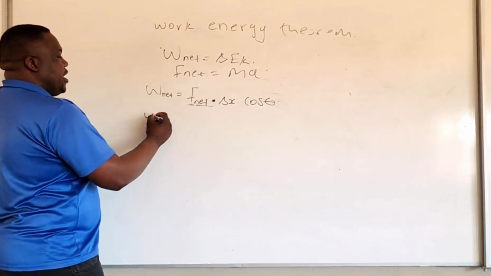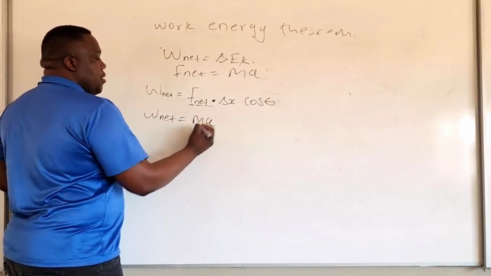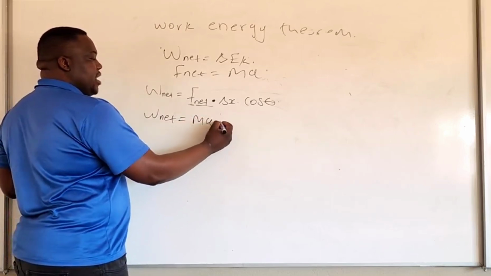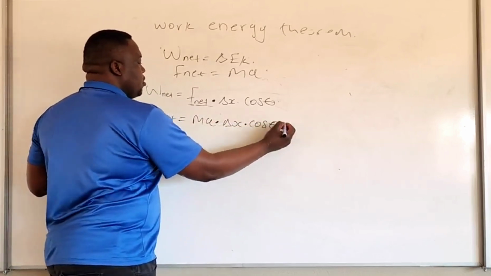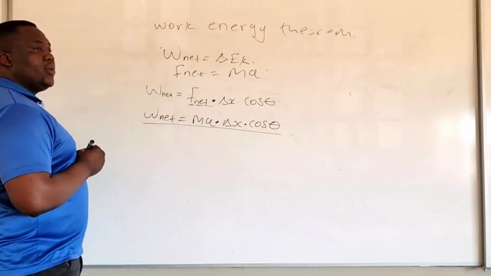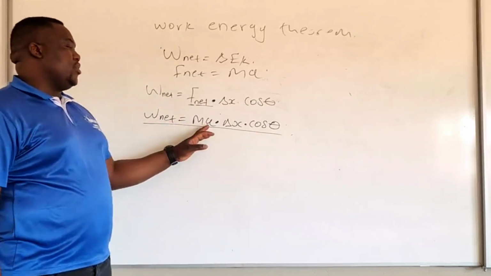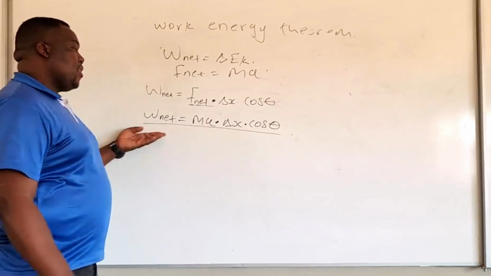What can we say? We can say work net is equal to the product of mass and acceleration, we multiply by displacement, then we have cos theta. You see, we can calculate the acceleration, by the way. We can calculate the acceleration using the work energy theorem.